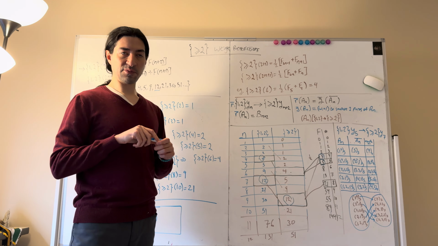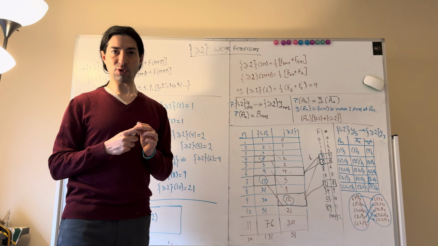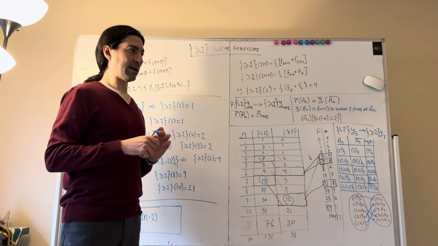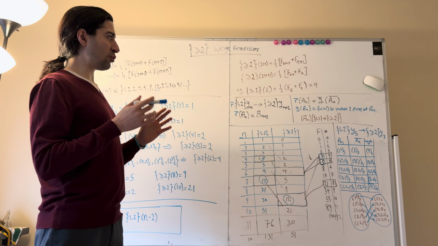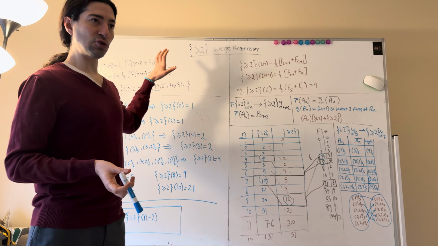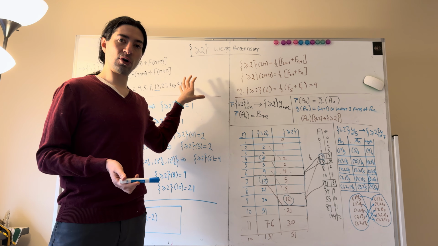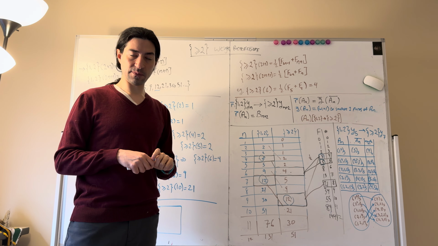Now notice, if we want to think of group theory isomorphisms, then there's clearly a group isomorphism between the 1,2 restriction set and the 2 or greater restriction set.